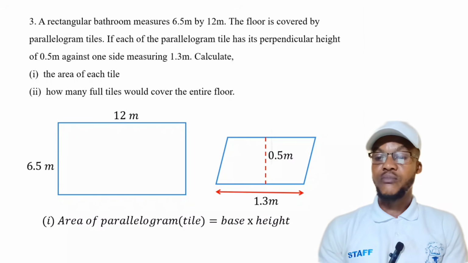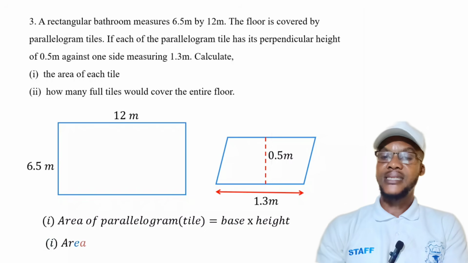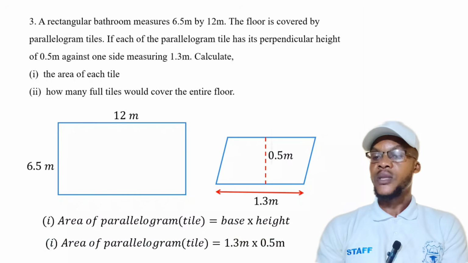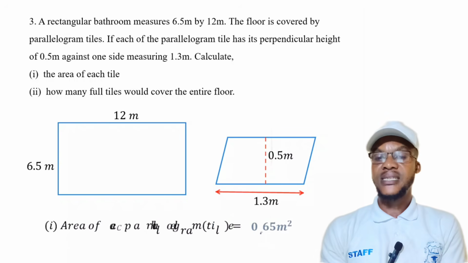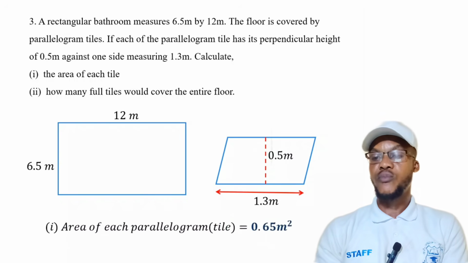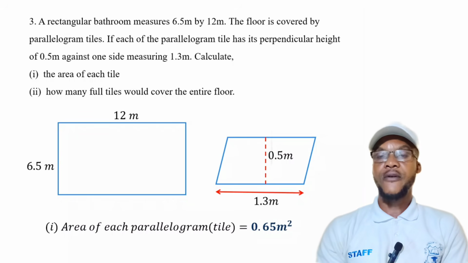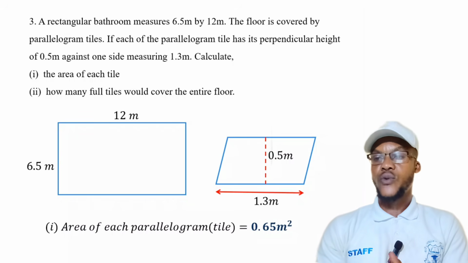So you just multiply the base by the height, and that is going to give you your answer. Okay, yes. So if you multiply it, then what will be the answer? That is 0.65 meters squared, because it is an area. So don't forget, I said for area we add the square unit.